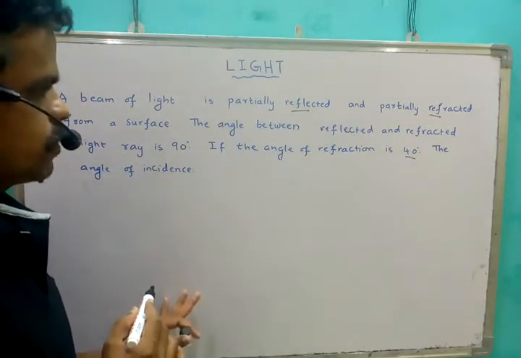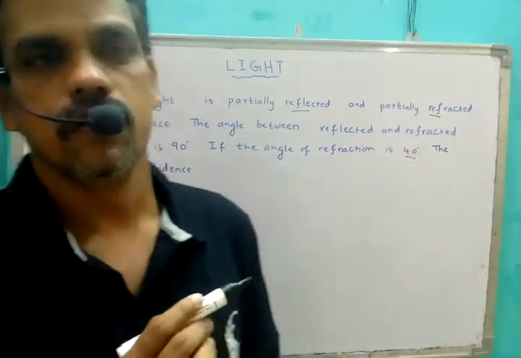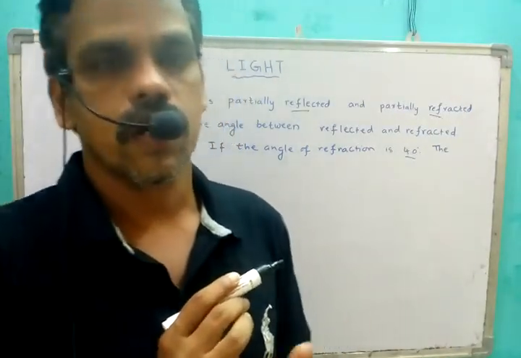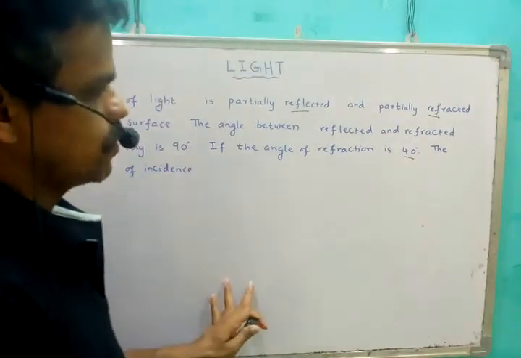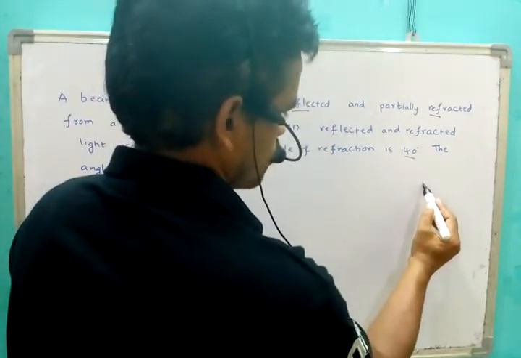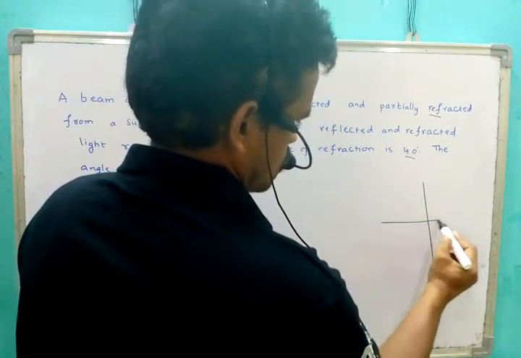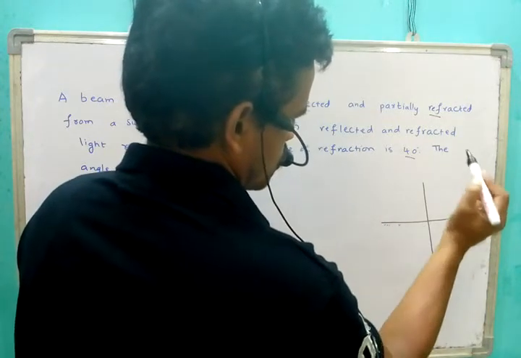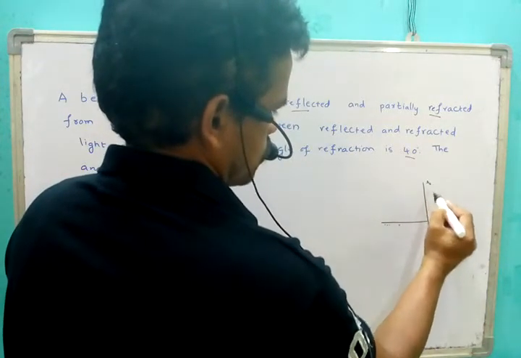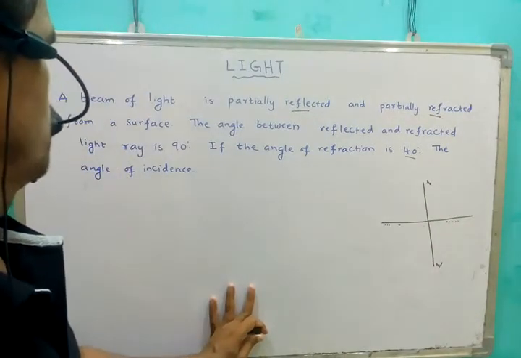In this question we have the information. See, one is reflection, refraction, angle of incidence. These are the terminologies. This is a surface, and this is the normal.